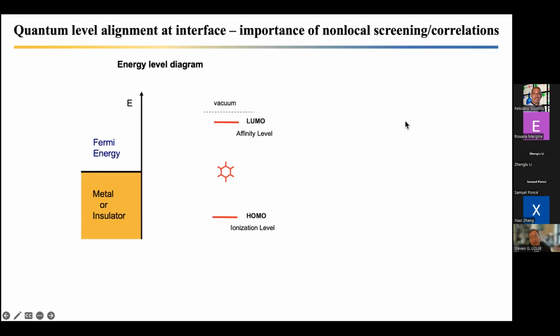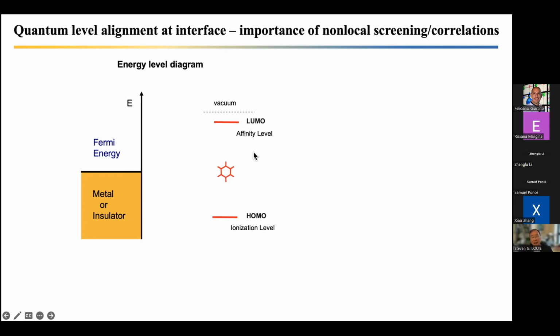Now, let me go into some of the physics and then show you how important non-local screening and correlation effects are for looking at quasi-particle excitation and optical properties. I'm going to use the example of quantum level alignment at the interface. For example, you're putting a molecule on a metallic surface.